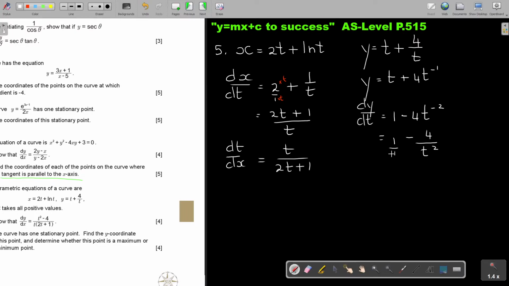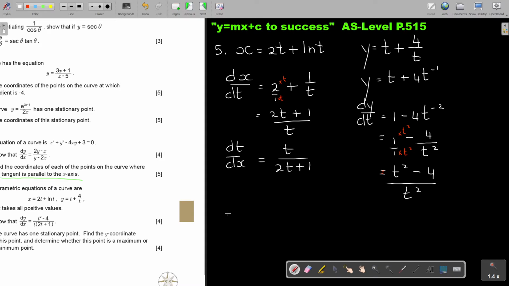Now this one, I'm doing the same. Put it over 1. I multiply by t squared. So this is going to be t squared minus 4 over t squared.